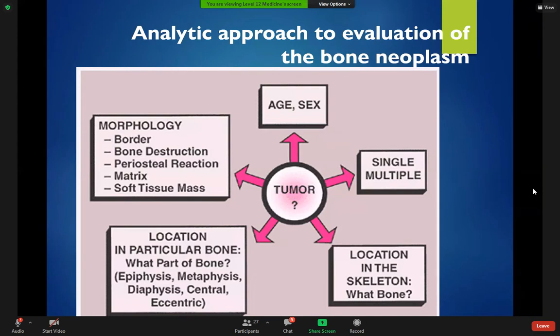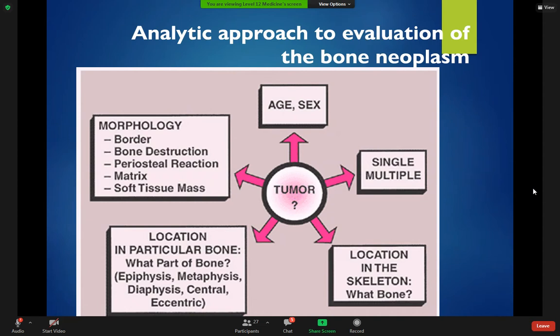So the first thing usually we do, especially if the patient has one of the red flags, is an X-ray of that limb or that part of the body. The X-ray is the first line to identify a bone lesion, which might be a tumor.